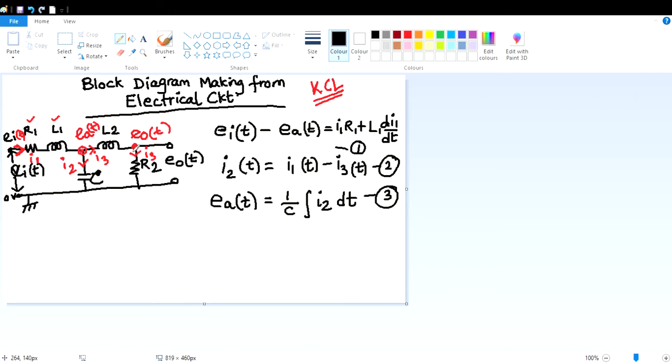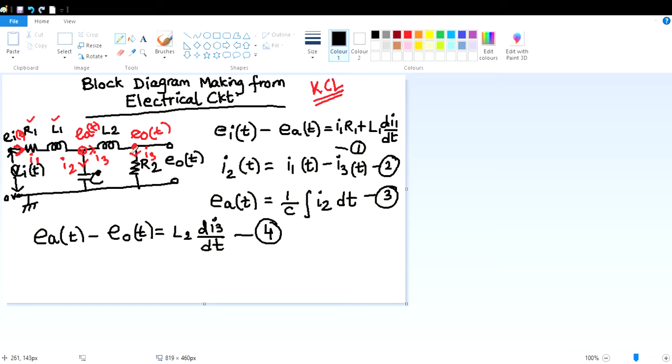Here there is a voltage difference. The voltage difference is EA(t) minus E0(t), which is equal to L2 dI3/dt. So this will be my fourth equation.